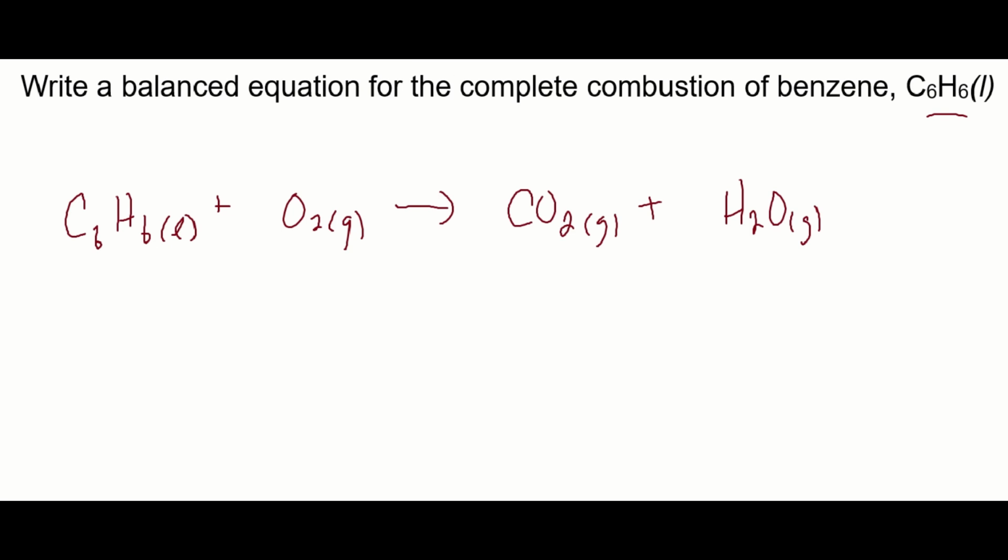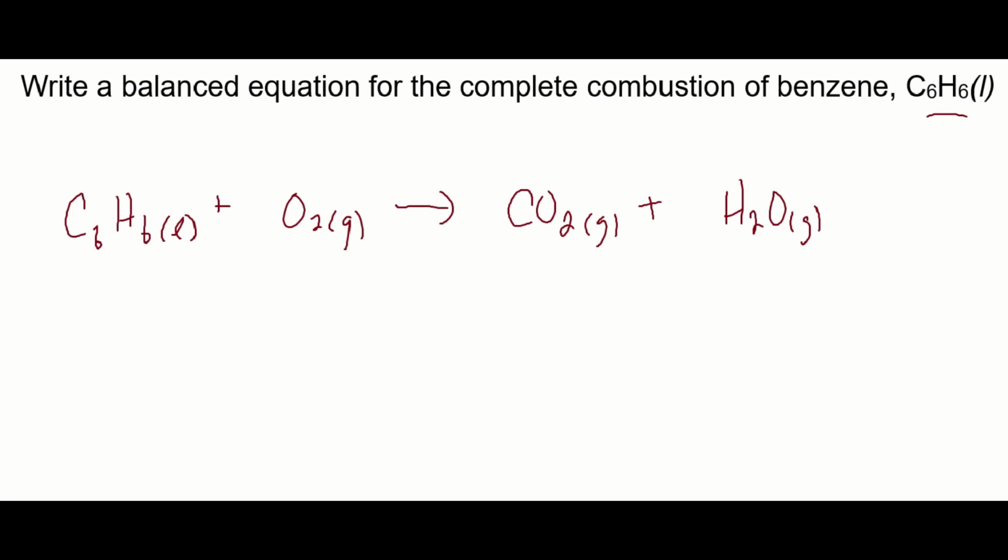Now, in our last video, we took a look at a shortcut on how to quickly balance complete combustions of hydrocarbons, which we have here. This one's a little bit different. In that video, we said the coefficient in front of carbon dioxide should match the subscript of the carbon in the hydrocarbon.